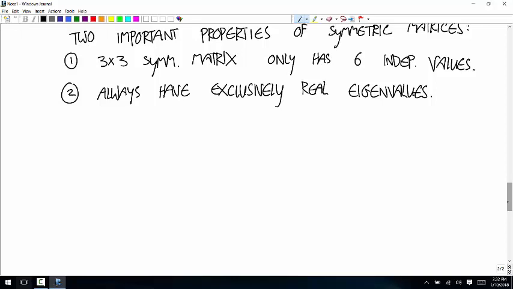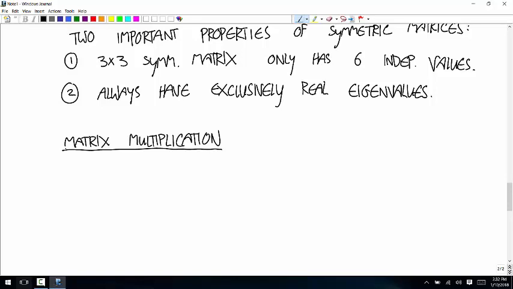Okay, so now let's talk about some calculations that we're going to do with matrices. The first one is matrix multiplication. And for the most part in this class, there's not really any reason that you have to know.